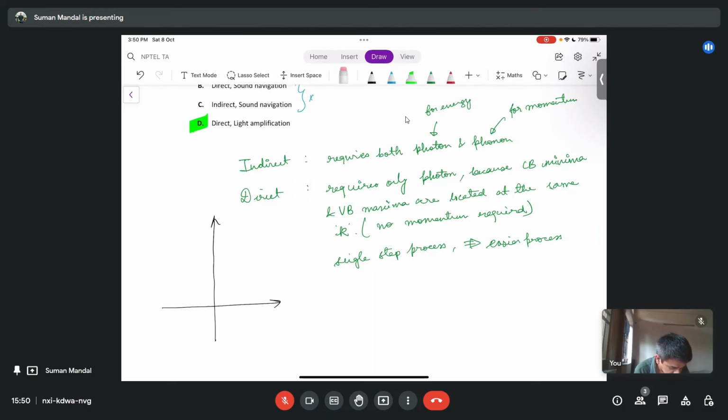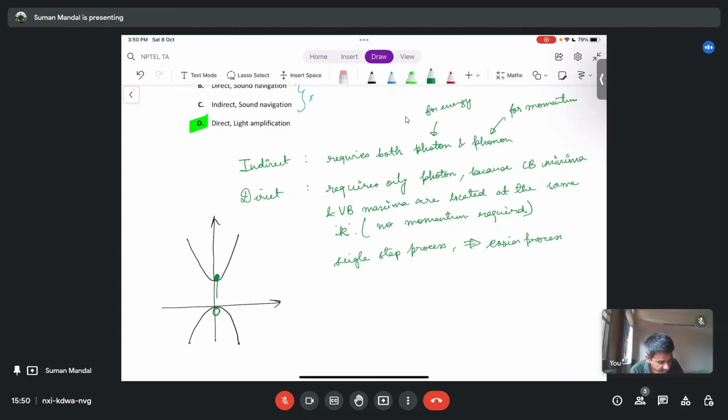So there's no change in momentum that is required. You only need a change in energy. So let's say there is a hole here. There's an electron here.